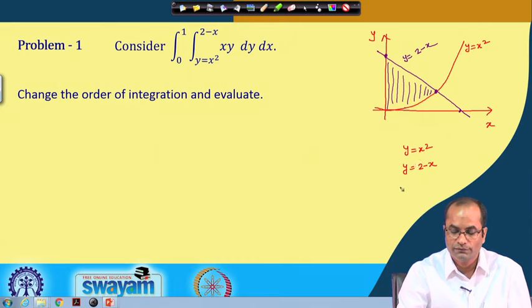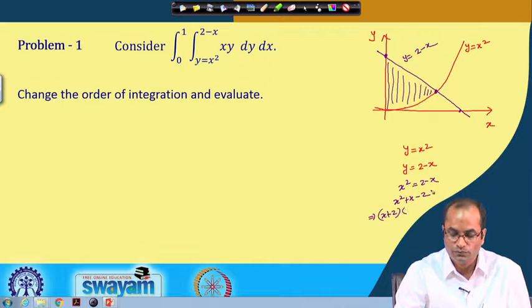So, here if we put x square is equal to 2 minus x, then we have x square plus x minus 2 equals 0, that means (x plus 2)(x minus 1) is equal to 0. So, we have x is equal to 1 and minus 2.